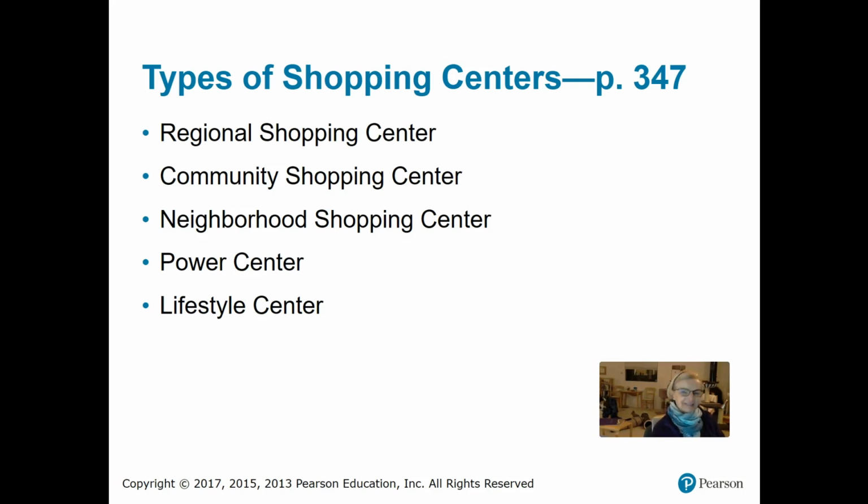Now, types of shopping centers. This is one of my favorite things to do, where I am asking you to look at the definition of those 1, 2, 3, 4, 5 different shopping centers, and which ones do we have here in our area or wherever you live.